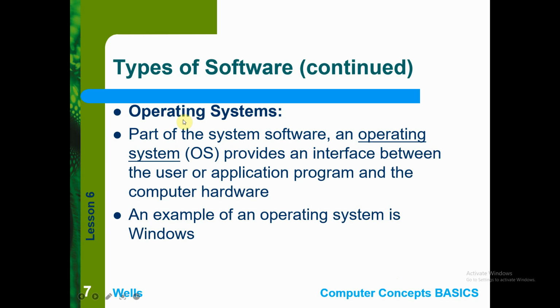So basically, siya ga-host kag siya ang ga-provide sang interface. So basically, hindi ka magagamit ng Word kung hindi mo pag-on ang imong computer. So mag-on ka sa computer, makita mo na nag-load ang Windows mo. So Windows is your example of your operating system.